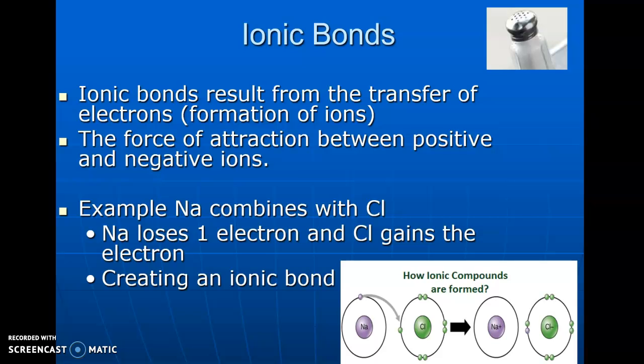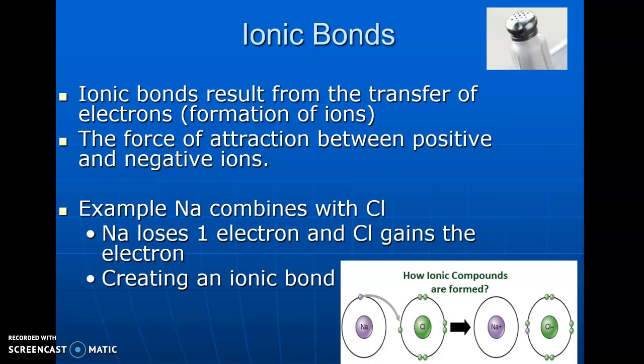Because by forming these ions, by giving away or gaining electrons, these oppositely charged ions are then attracted to each other. So ionic bonds are actually the force of attraction between positive and negative ions.